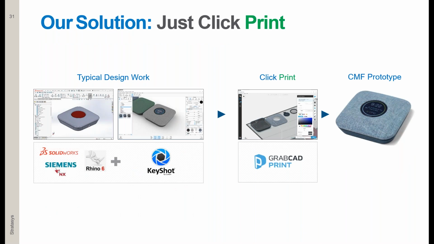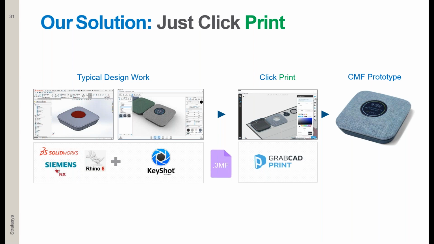So what you design, whether it's SolidWorks or NX Solutions or CATIA for that matter, or Fusion 360, CAD modelers and so on and so forth, you would be able to render with KeyShot and then call the KeyShot CMF files. The CMF files are called .3MF. When we talk about .3MF, MF is a manufacturing file.